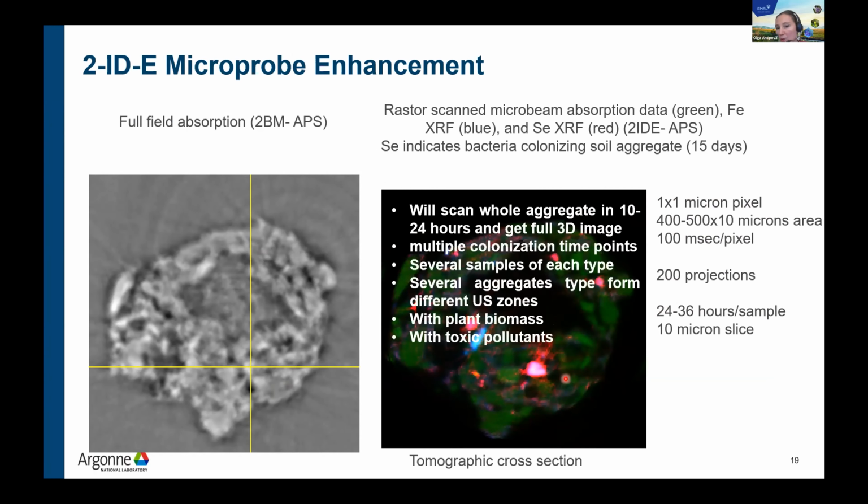After the upgrade, they aim for much higher resolution of 10 nanometers. They will also improve their tomography stages to get better quality tomography reconstruction and add a capillary to improve their signal.